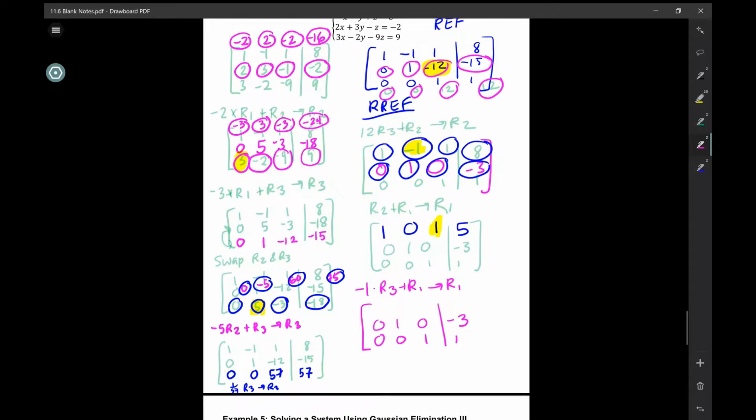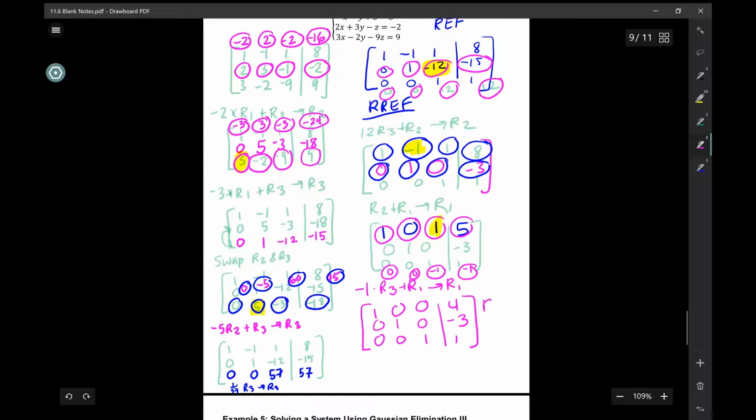Minus 1 times row 3 would be 0, 0, minus 1, minus 1. 0 plus 1 is 1. 0 plus 0 is 0. Minus 1 plus 1 is 0. Minus 1 plus 5 is 4. So we are finally done, and we are in reduced row echelon form.